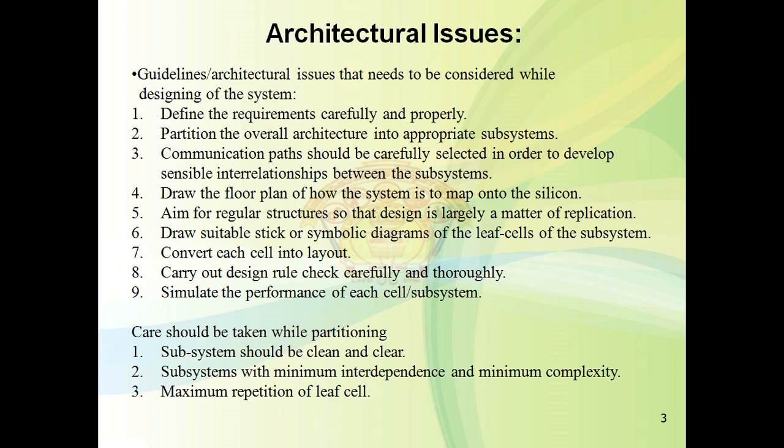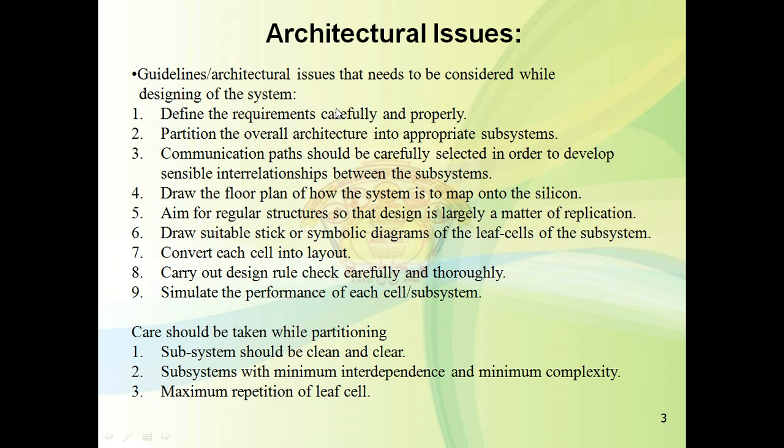to design the subsystems. These are some architectural issues or guidelines that we require to be considered while designing the subsystems. First architectural issue: define the requirements carefully and properly. These are the requirements for the subsystem.